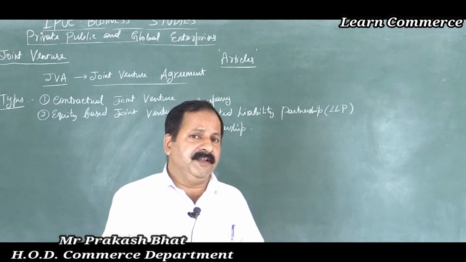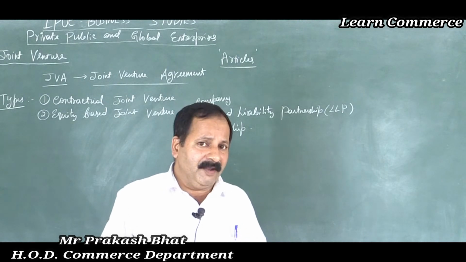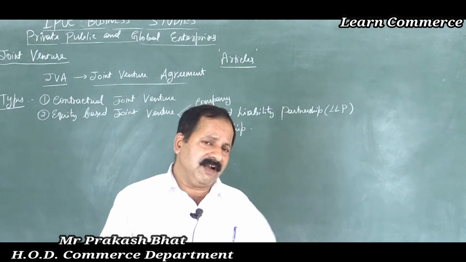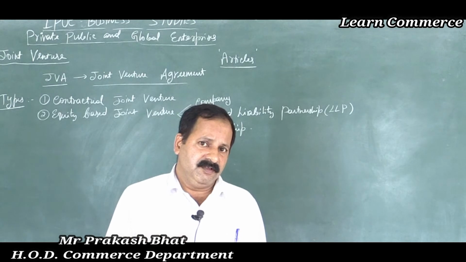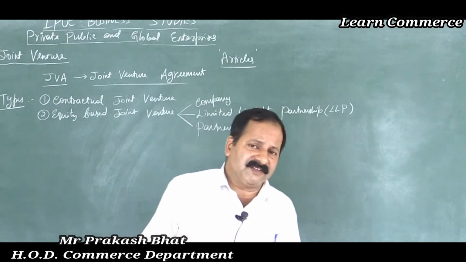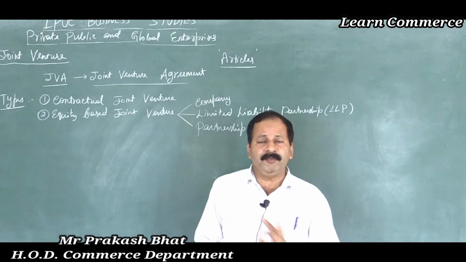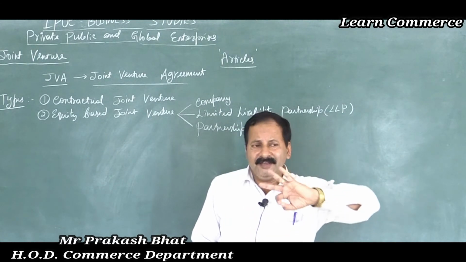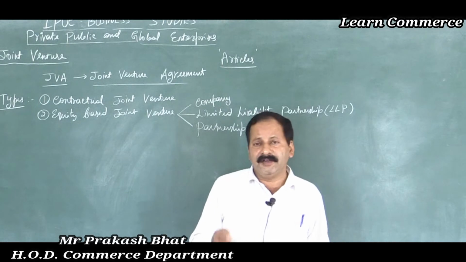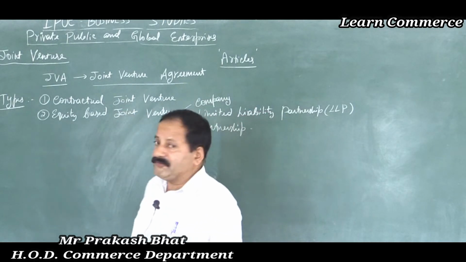Already existing entities will make an agreement, contribute the resources and start the business. And benefits will be shared by them as per the agreement. But a new entity will not come into picture. New entity will not get created. That is called contractual joint venture.